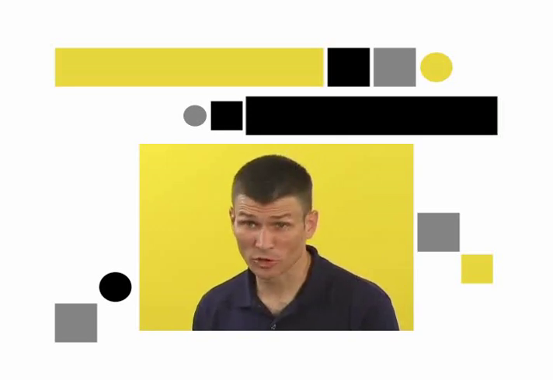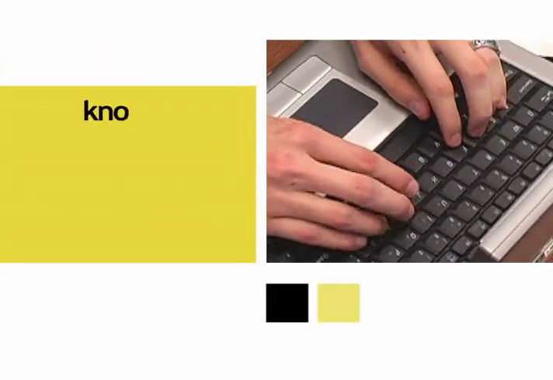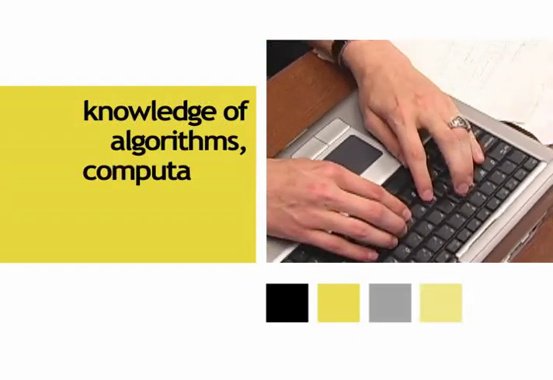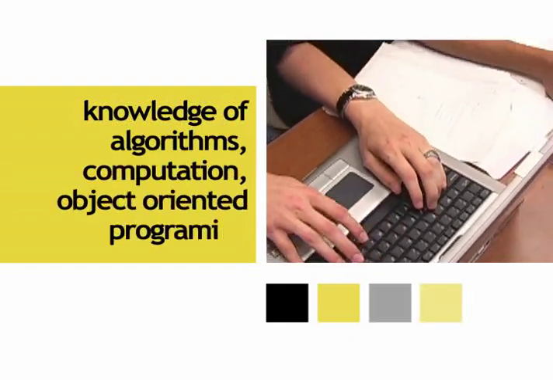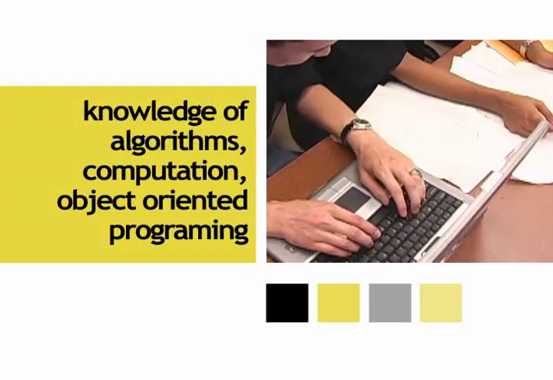The UIL Computer Science Contest is a competition that challenges students to apply what they've learned in their high school computer science classes, or possibly what they've learned on their own. The contest tests knowledge of algorithms and computation, as well as object-oriented programming, which is one kind of programming.